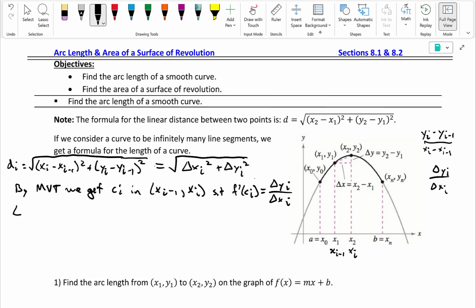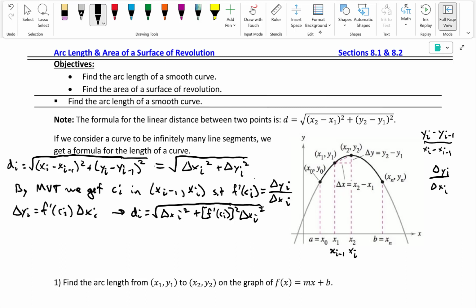And so we can solve for delta y sub i and say it's equal to f prime of c sub i times delta x sub i, just by multiplying over. And then we can sub it in. With that, we get our distance is equal to the square root of delta x sub i squared plus, when we square, f prime of c sub i squared times delta x sub i squared.